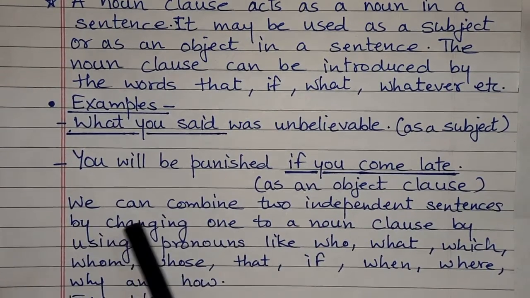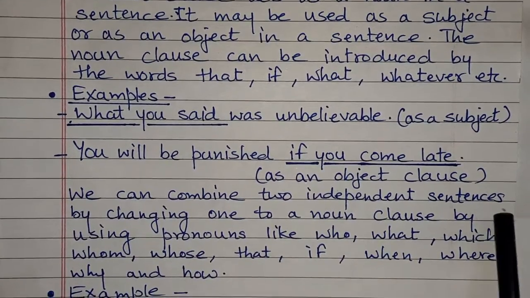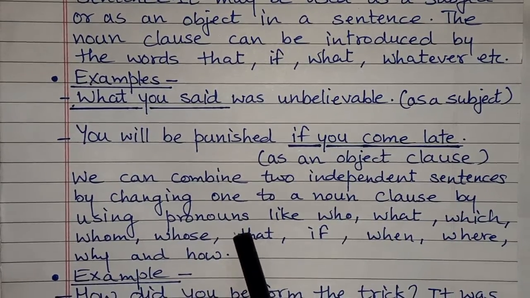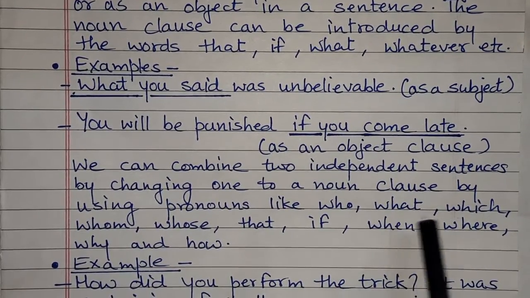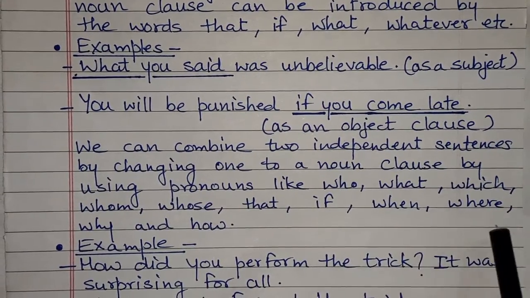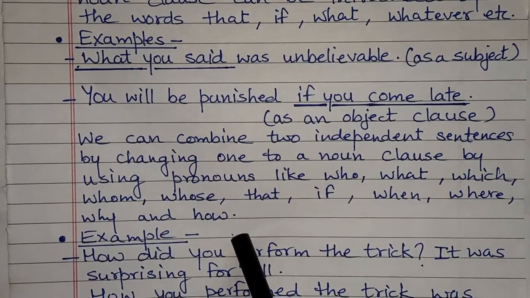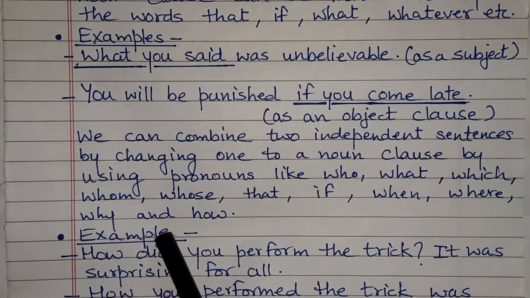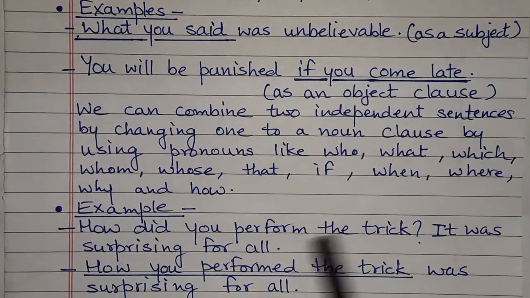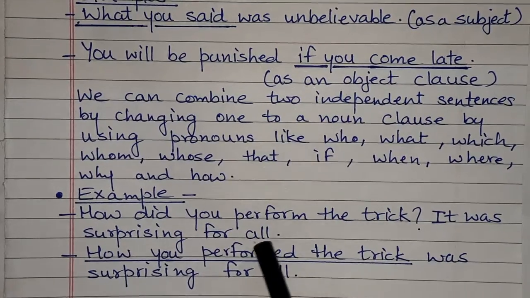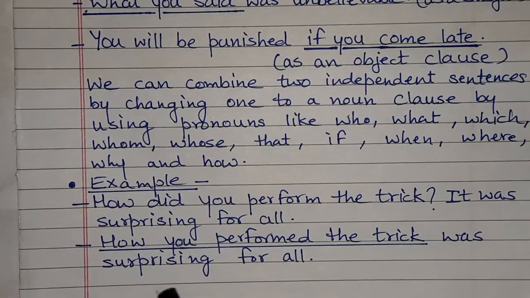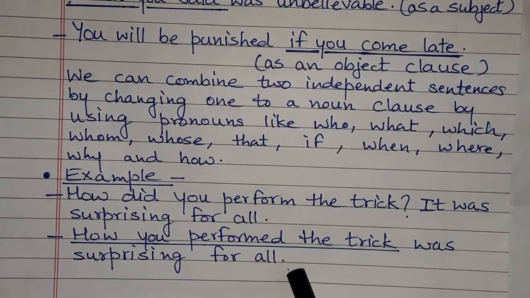So we can combine 2 independent sentences by changing one to a noun clause by using pronouns like who, what, which, whom, whose, that, if, when, where, why, and how. For example, how did you perform the trick? It was surprising for all. Example number 2, how you performed the trick was surprising for all.